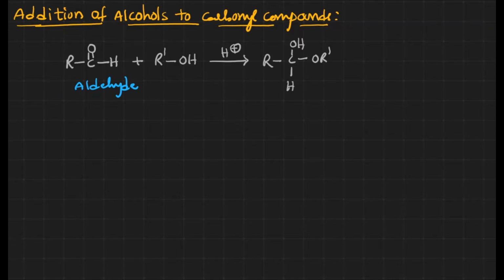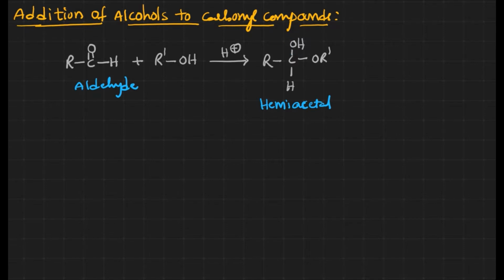This particular part after addition of alcohol to the aldehyde is known as hemiacetal. Acetal refers to the aldehydic functional group, and hemi refers to the OH group. Just remember it like this for understanding purposes.